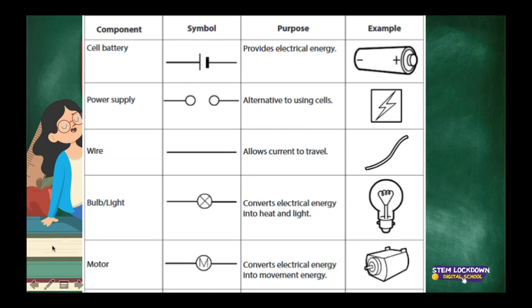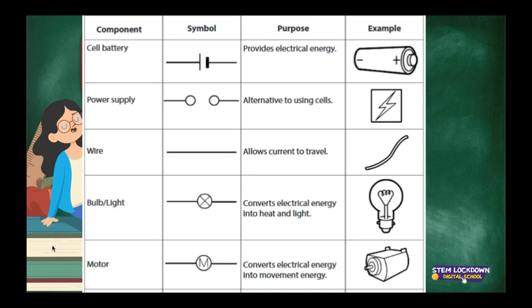Then there is a motor. A motor is actually very similar to a light bulb, but instead a motor has an M in the middle, a circle with M for motor in the middle. And what does a motor do? It converts electrical energy into movement energy. And there is an example of a motor.